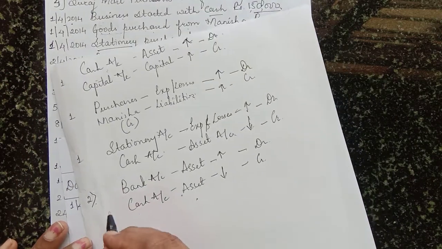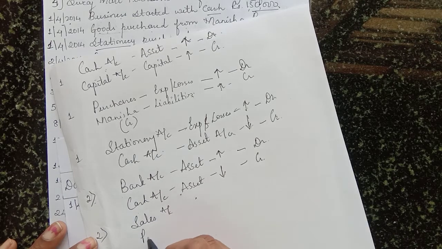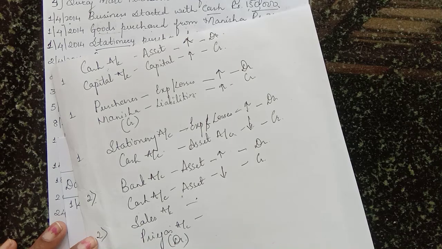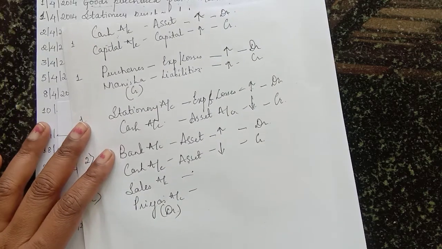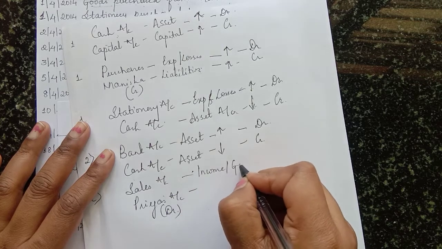Which are the two accounts in this journal entry? Sales account and one more, Priya's account. Priya is a debtor, remember. When you sell the goods, debtor. When you purchase the goods on credit, creditor will come. Okay, so sales account will come under the head income and gain.